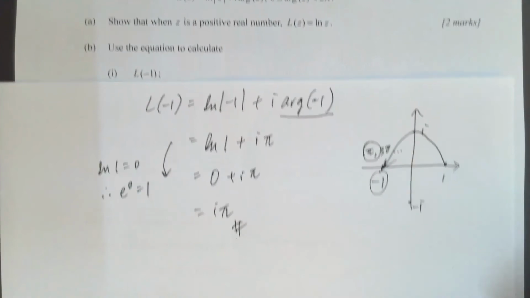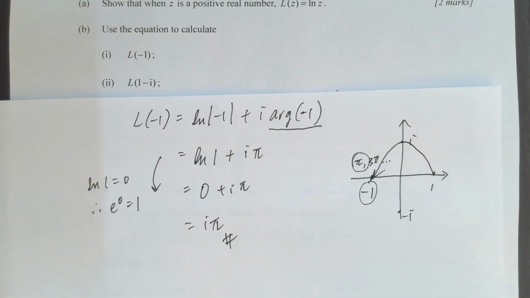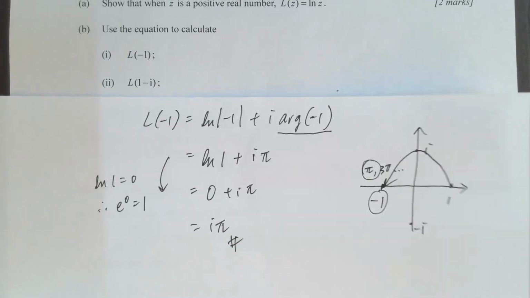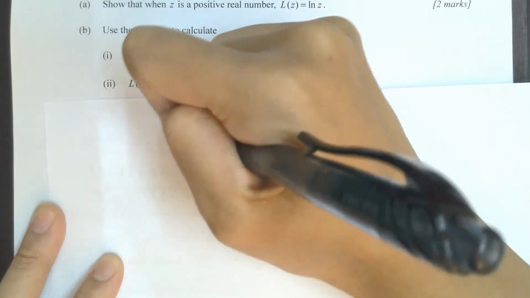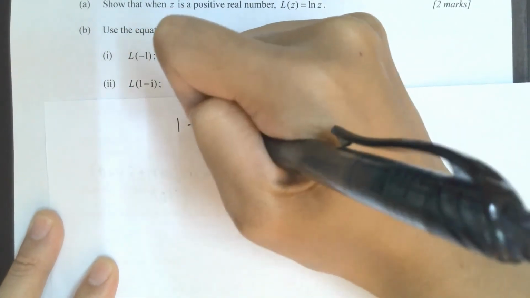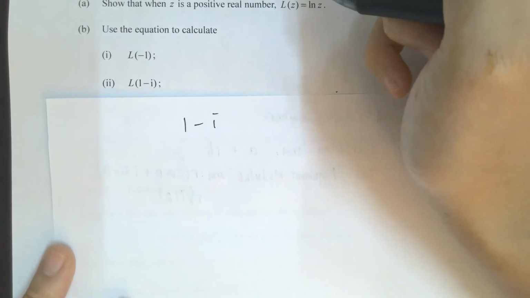Let's move this above a little bit. Now the second part, L of 1 - I. The complex number in question here is 1 minus I. So the real part is 1 and the imaginary part is -1.